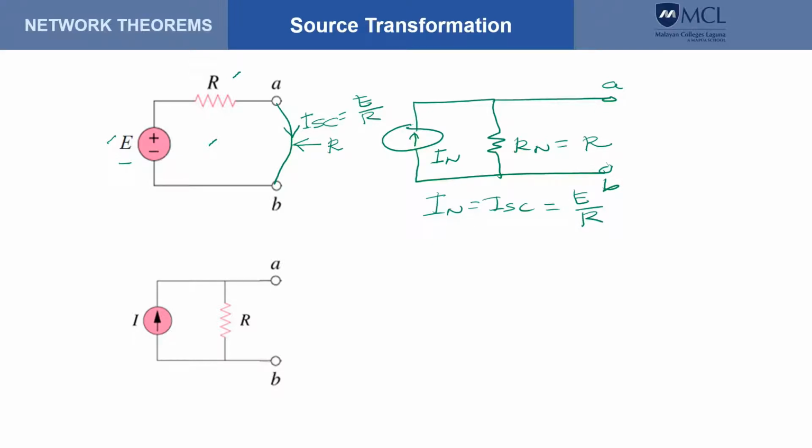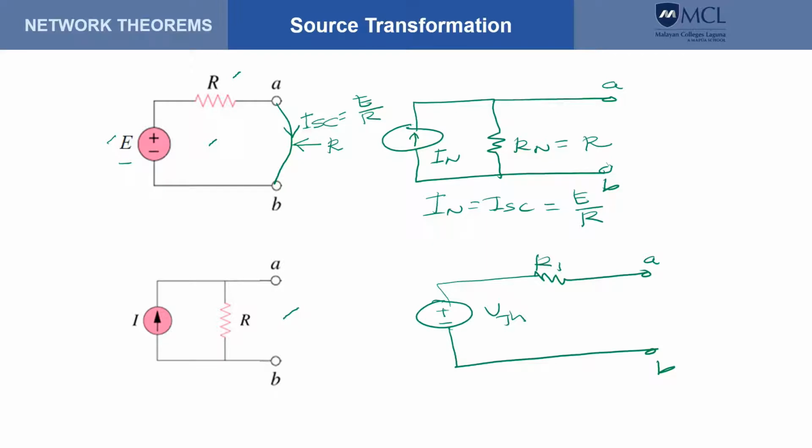Similarly, let's say we want to convert this circuit, a current source that is in parallel with a resistance, into its Thevenin's equivalent. That means we're looking for a voltage source V sub TH that is in series with a resistance, where the resistance is R sub TH.